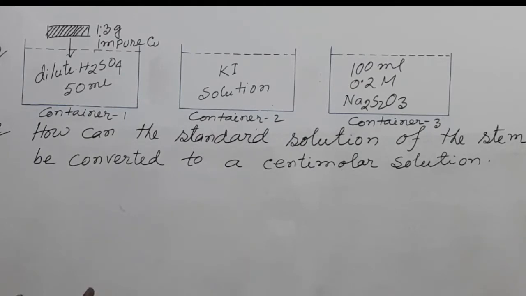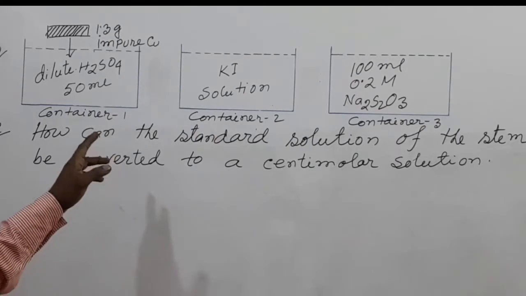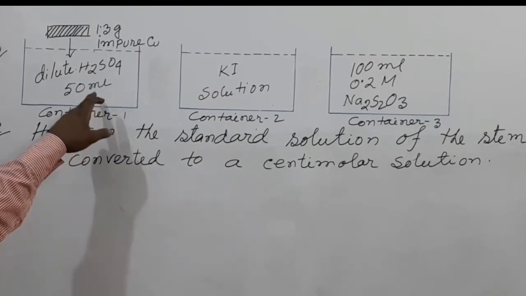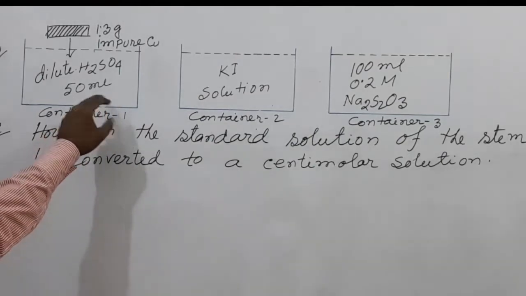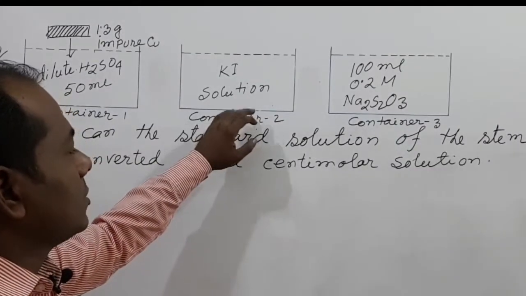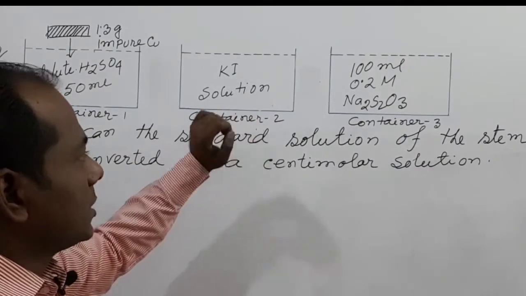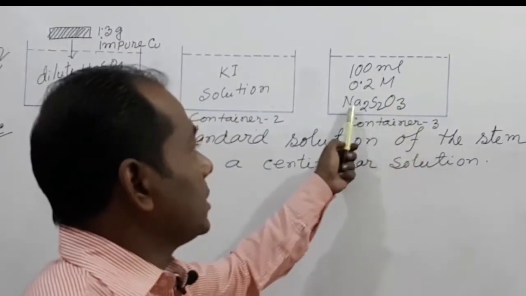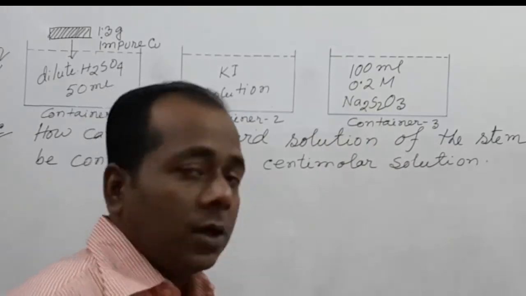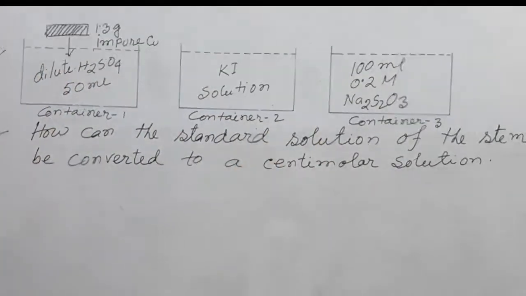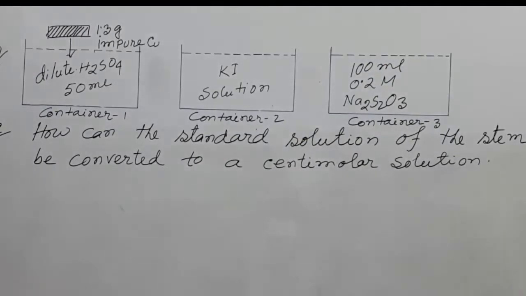In containers 1 and 2 no concentration is given, but in container C the concentration of sodium thiosulfate is 0.2 molar. So according to the stem, this is the standard solution. Okay, my dear students, now we solve this problem.